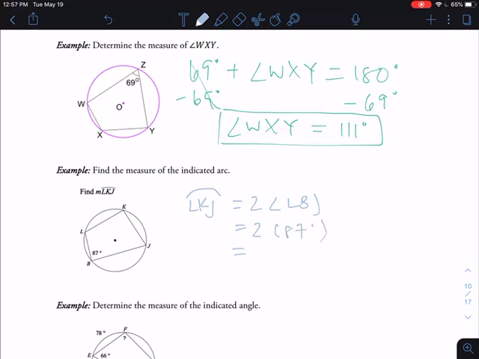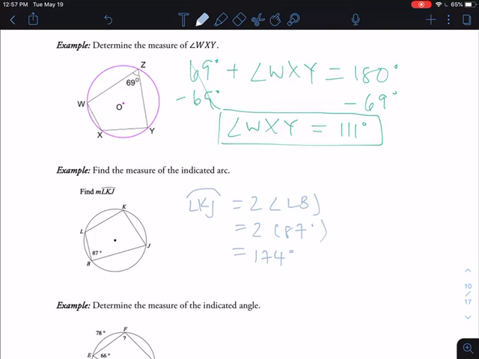How do I know that? It's because I can see that we have an inscribed angle, and it's opening up to an arc, and we know that the inscribed angle is going to have half the measure of the central angle, and therefore half the measure of the arc. So when I have 2 times 87 degrees, that's going to give me 174 degrees.